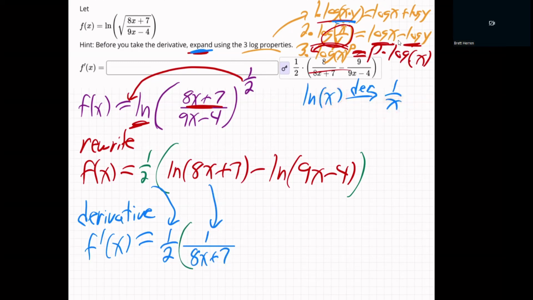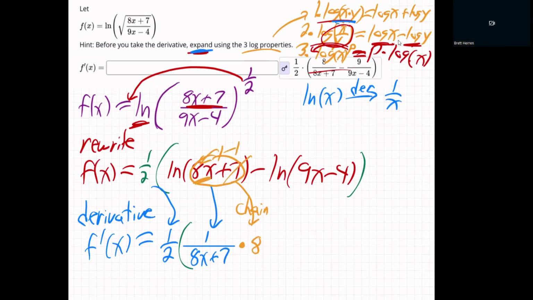Right, but what derivative rule is always part of every other derivative rule? Chain rule, right? If the inside is anything other than a simple x, you can't forget to multiply by, according to the chain rule, the derivative of 8x plus 7. That's just going to be 8. Because derivative of 8x, that 1 just comes down, then subtract 1, it's gone, the 7 is just 0.